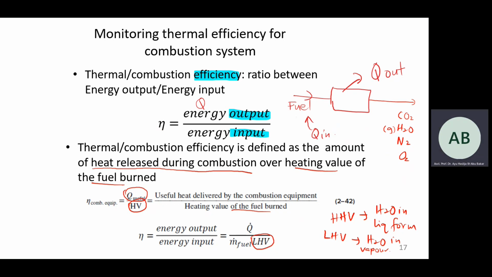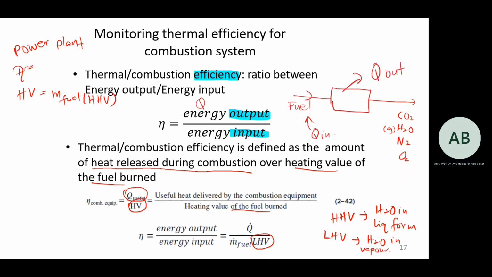But in a power plant, they will use HHV. Power plants normally, for the thermal efficiency, the heating value is the fuel multiplied by HHV, because the water in the product stream will be condensed in the power plant.